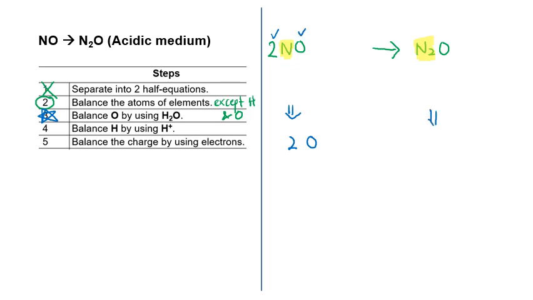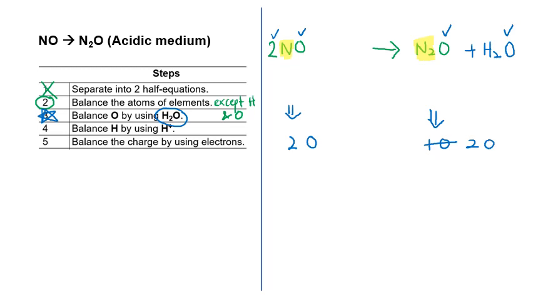While at the right hand side here we only have 1 oxygen. So both left and right hand side are not balanced, so we're going to add H2O. Definitely this time we are going to add it at the right hand side. So at this moment, here have 1 oxygen from N2O and 1 oxygen from H2O. So both left and right have 2 oxygen at this moment.